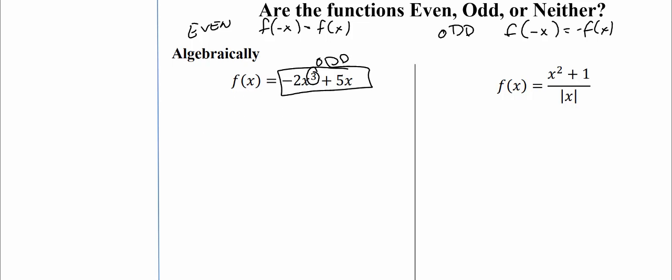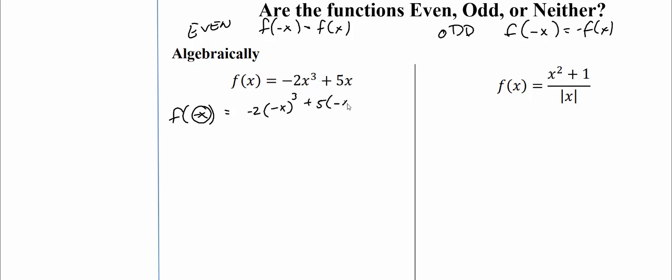Okay, so how do I do that? Well, I'm going to take the f of -x and the -f of x, and plug them in to see if they equal each other. So f of -x is equal to -2 times, and all I'm going to do is plug -x into wherever x was up here. So -x to the third power plus 5 times -x. Find out what this equals.